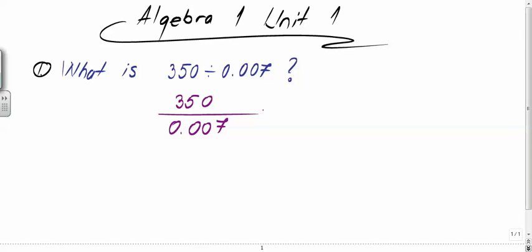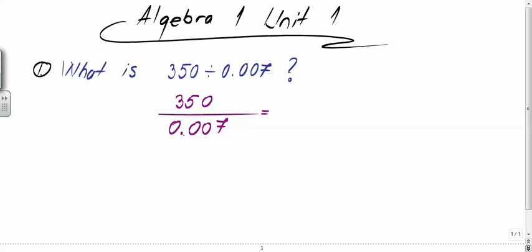Now, when we have fractions, we don't like to see decimals in our denominators, and we don't like to see decimals whatsoever in any part of my fraction. Well, because only one of them is a decimal, the bottom one, I can and I should change that denominator into an integer, right?